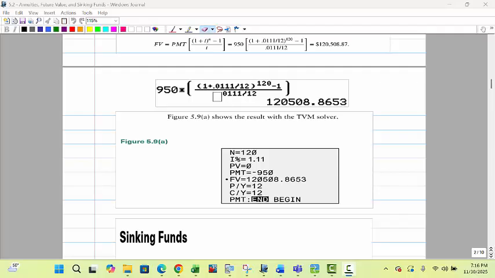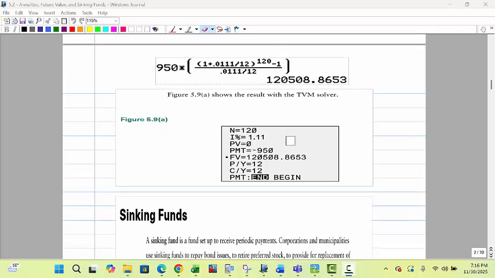In the formula, 1.11 would be written as 0.0111, not here. You put it exactly as the percentage, and the built-in program takes care of converting it to a decimal. So we enter the payment as negative 950, and then got the future value of $120,508.87.